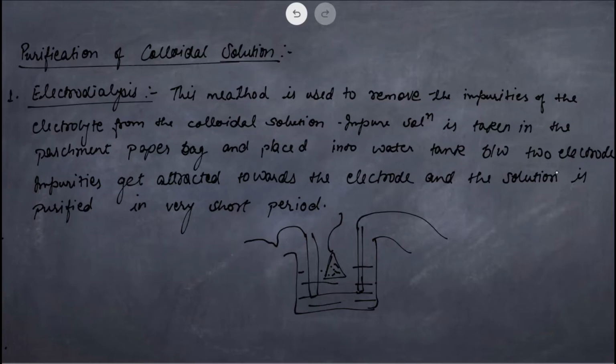Let me draw the circuit, plus and minus. When the current passes, the impurities come out of the parchment paper bag into the water, and the impurities get attracted by the electrodes. This is how it works.